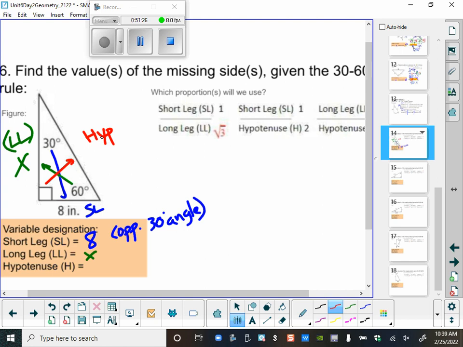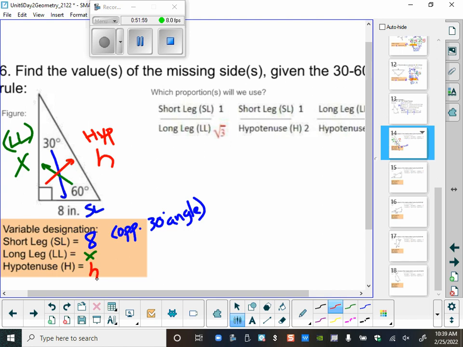No, you don't have to always use X. Hypotenuse begins with H, right? Can we say H for the hypotenuse? You can do that. So we just use any other variable.